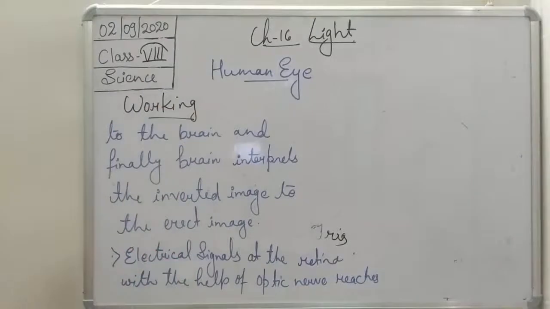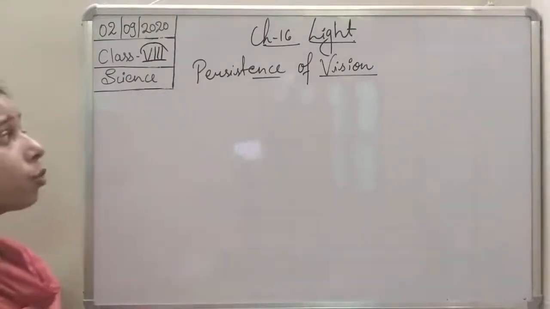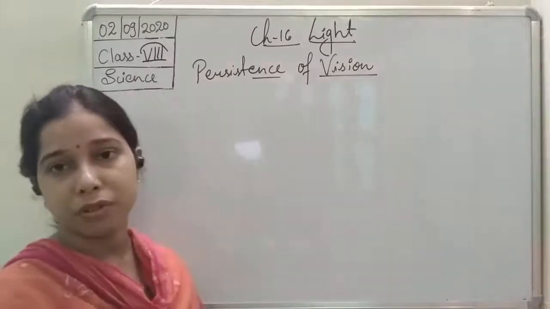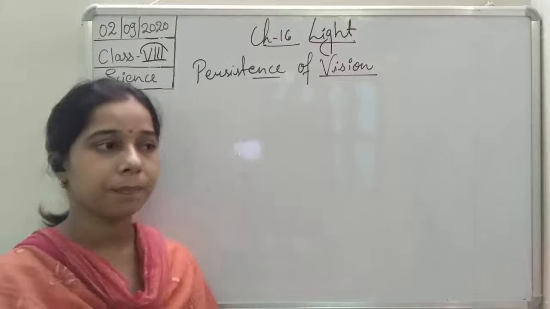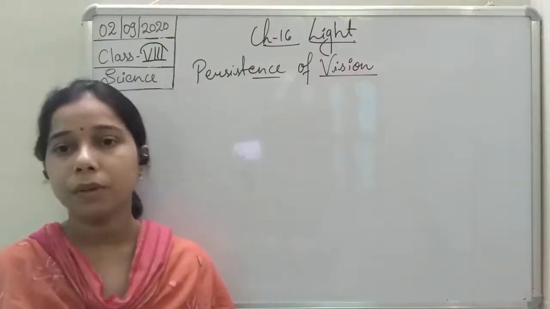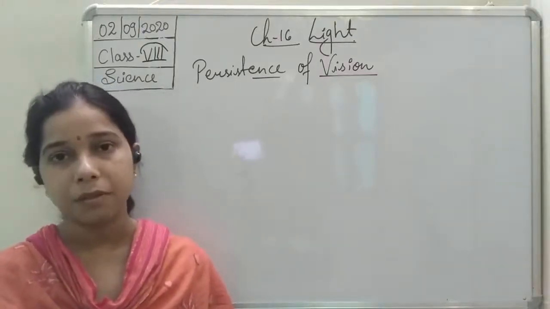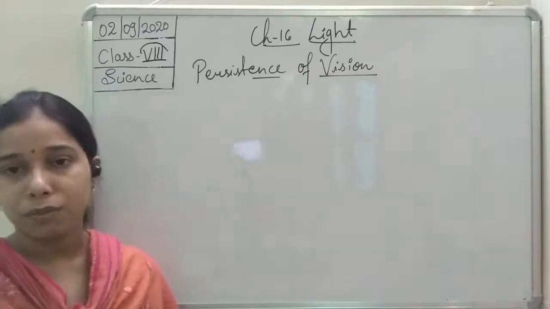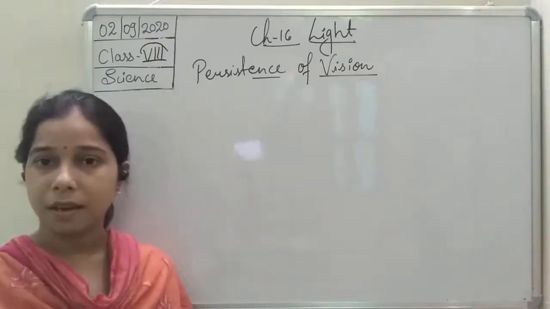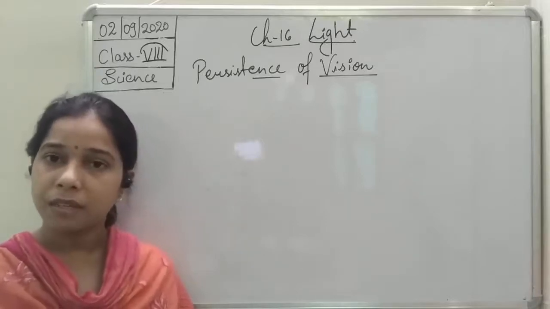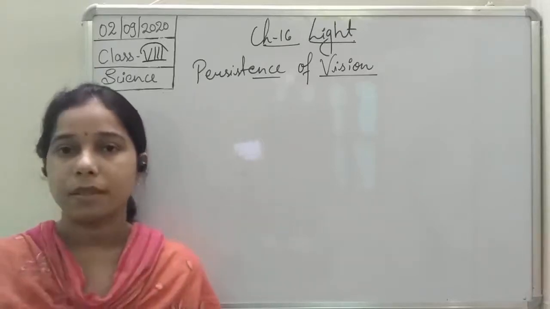Okay, now we will move to the next topic. The next one is the persistence of vision, students. What is the persistence of vision? Whenever we are at the theatre, seeing a movie in a cinema hall, there are a lot of pictures in a sequence.